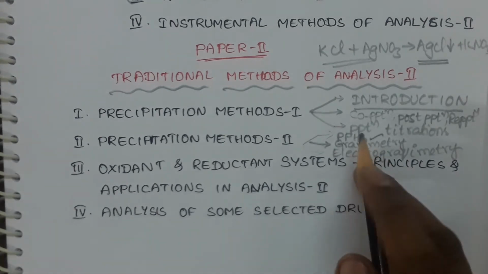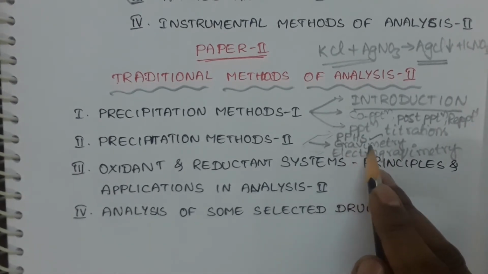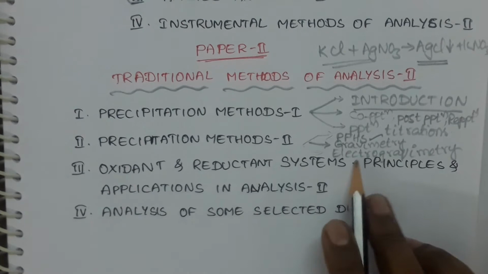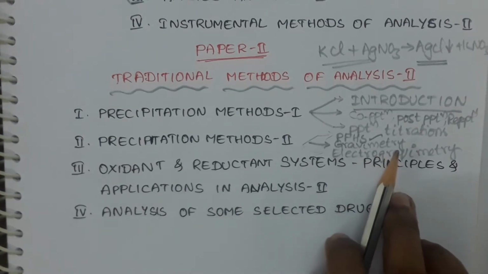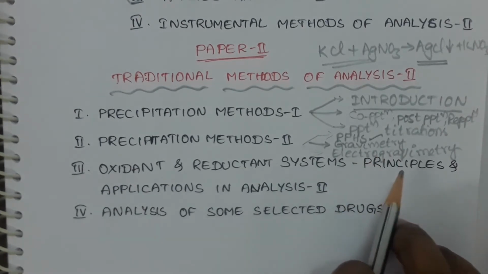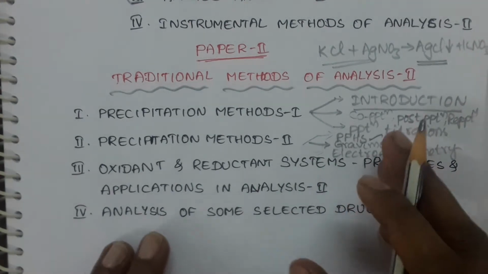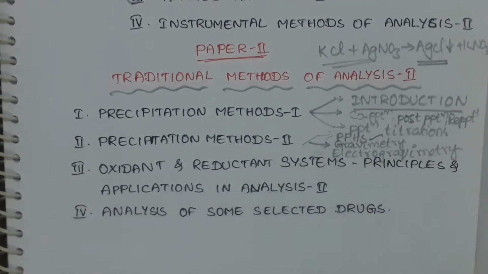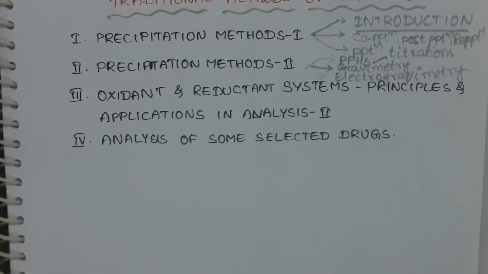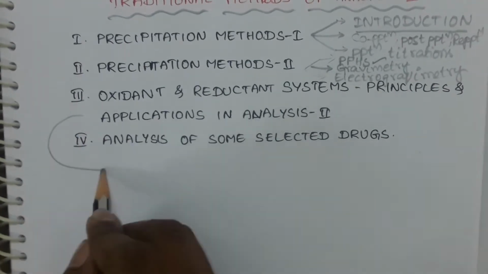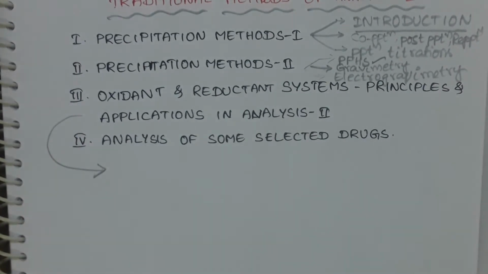So these three parts are in precipitation methods 2: precipitation from homogeneous solution, first part; second part is gravimetric determinations; and third part is electrogravimetry. Next, in third unit we are going to discuss selected oxidant and reductant systems.